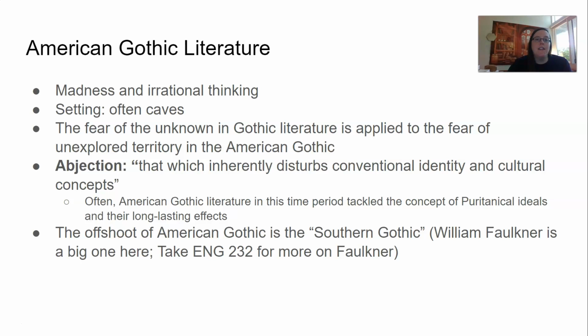The fear of the unknown in Gothic literature, we mentioned before, like being afraid of what's out there because you can't see it, because you don't understand it, is applied here to the concept of unexplored territory. So if you think of this historically and spatially, we have our settlers who come over and explore a certain amount of territory, and then can only go so far.